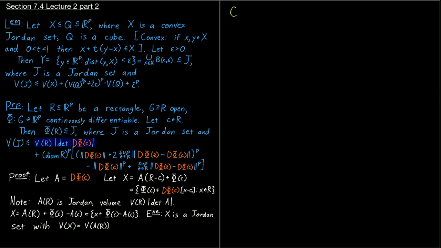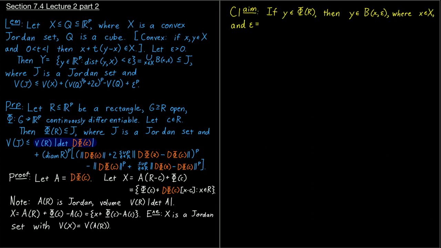Here is a claim. My claim is that if Y is in phi of R, then Y is in some ball centered at x of radius epsilon, where x is a point in X, and epsilon is that horrible thing we saw above.